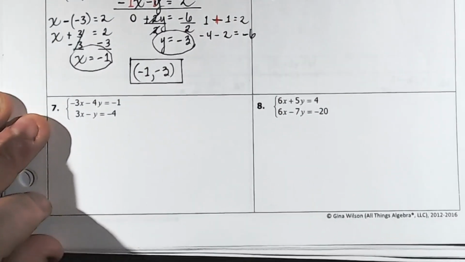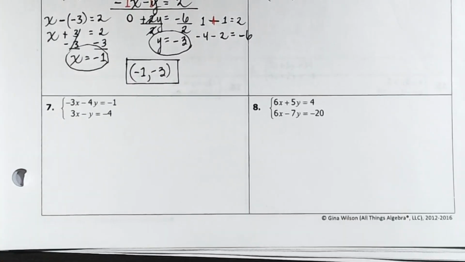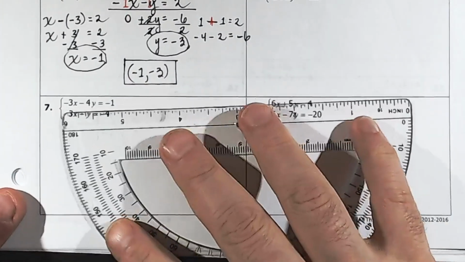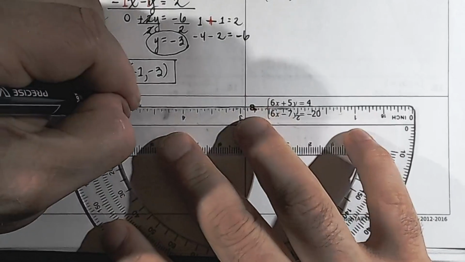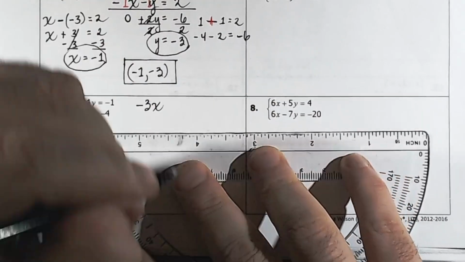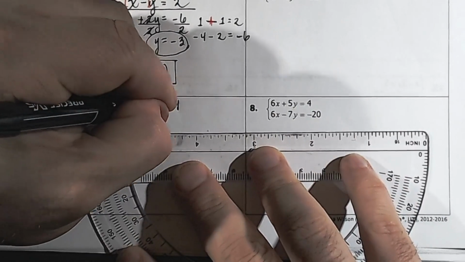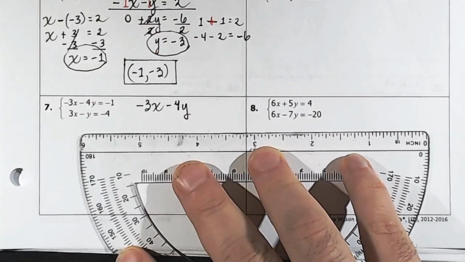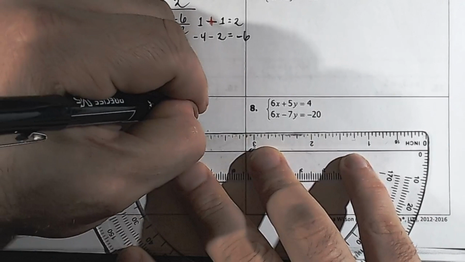Let's move on to number 7. First, before we think, let's get it written out: negative 3x minus 4y equals negative 1.